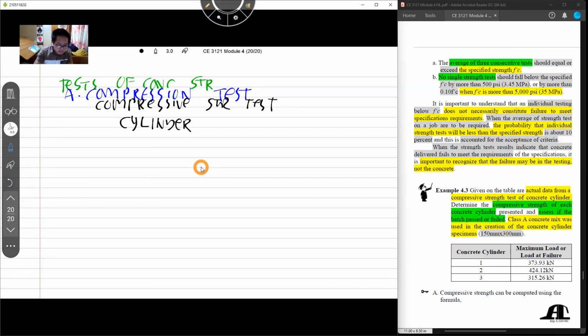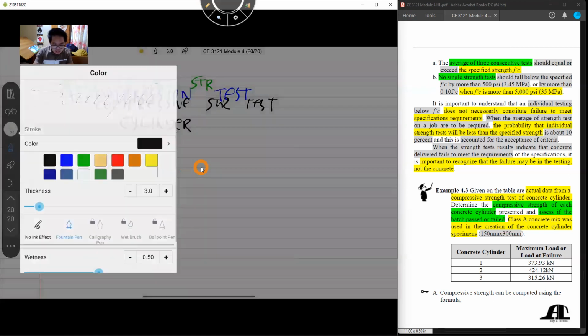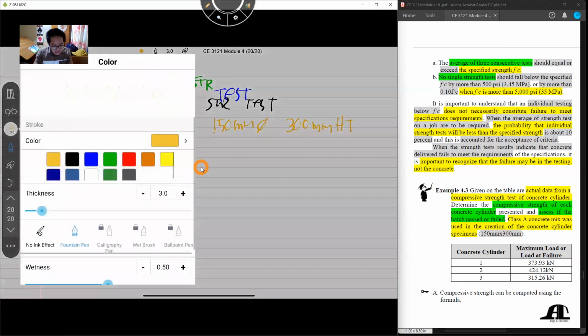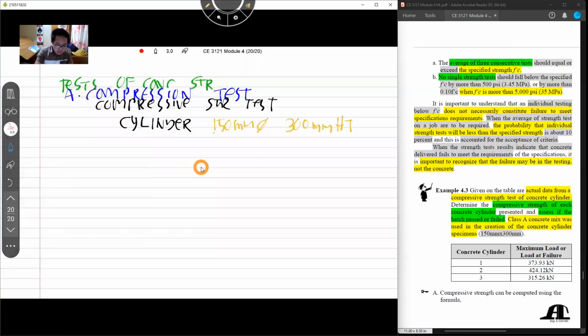Okay. Tapos, ang dimensions nila class is 150 mm diameter. Okay. Tapos, 300 mm height. Okay. Or strictly class, dapat yung height is equal to twice nung diameter niya. Okay.